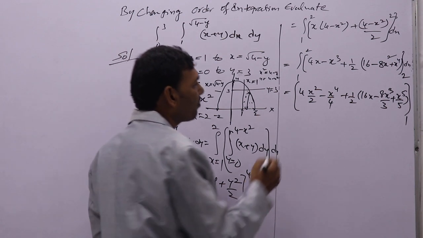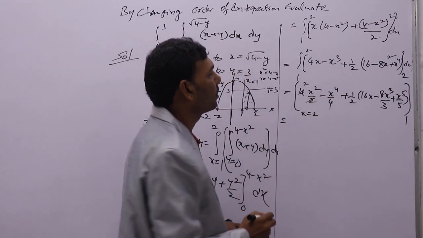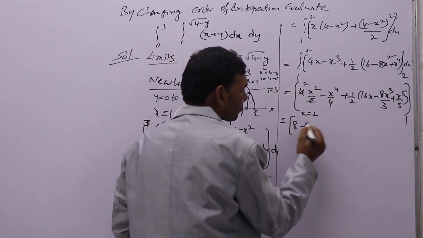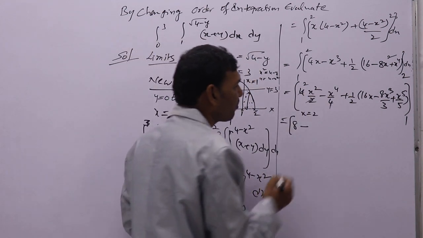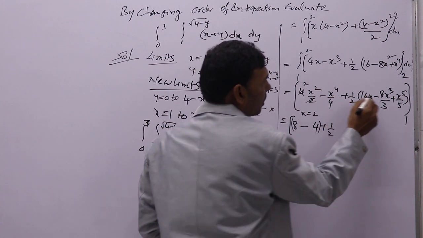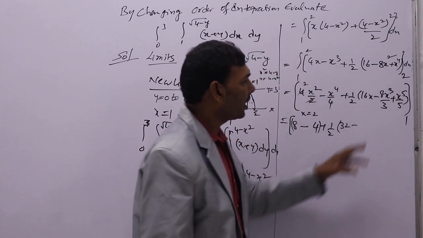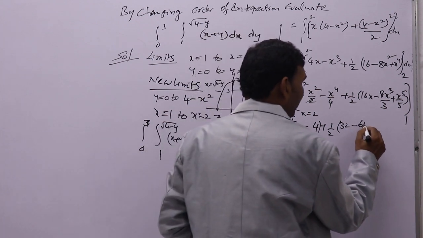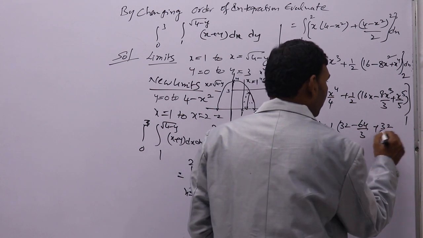Now simply write in the place of x, 2 first. If you write here 2 square, 4, 4 twos are 8. Here 2 power 4, 16 by 4, plus 1 by 2 into 16 twos are 32, 2 cube 8, 64 by 8, plus 2 power 5, 32 by 5.